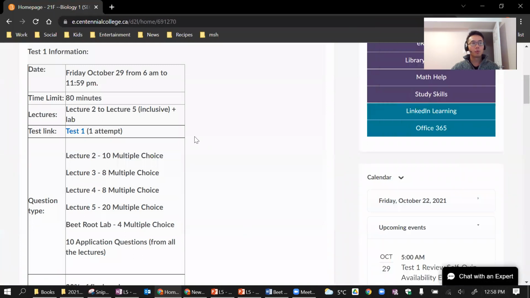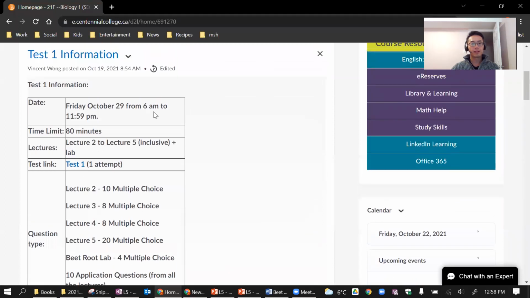And I know some of you work, and the previous time was not working out for everybody. So I extended the availability from 6 a.m. all the way to midnight, basically. So you can do it before you go to work, or when you end your late shift or something. The test will be 80 minutes, okay?